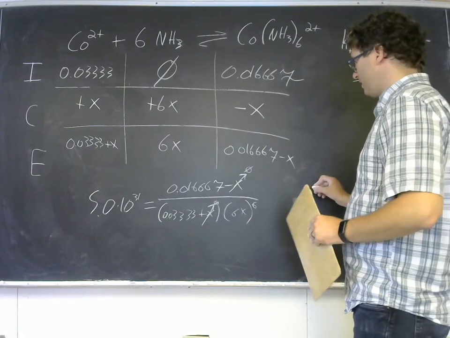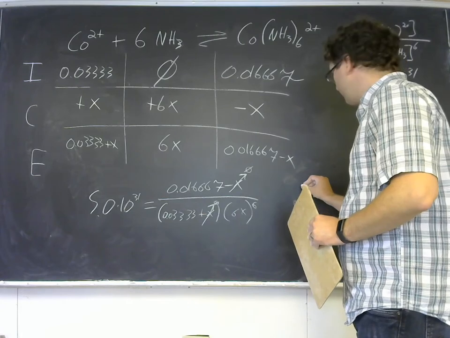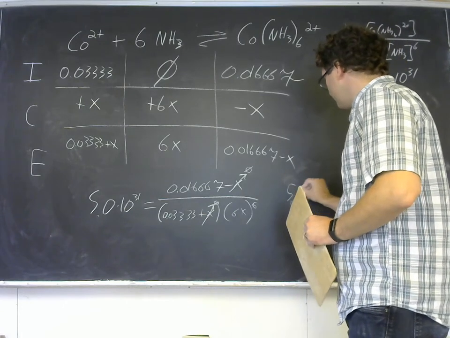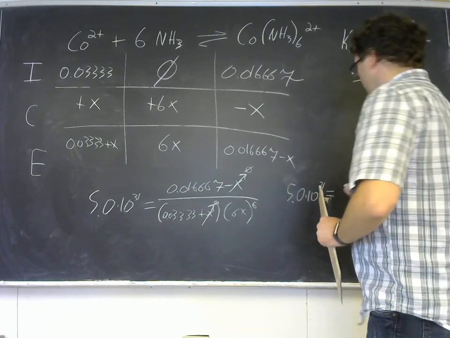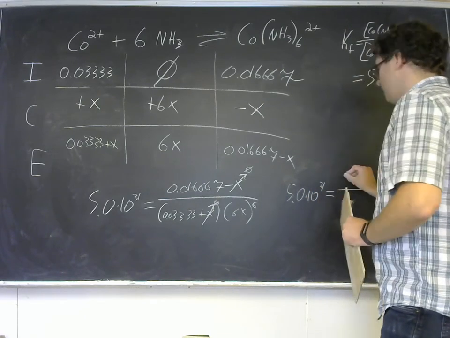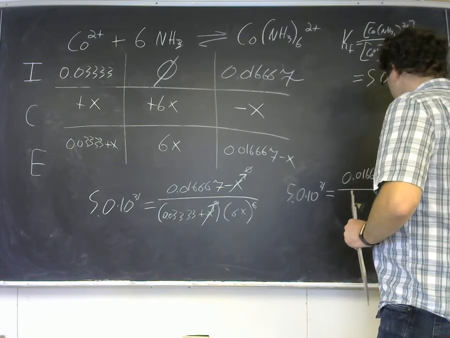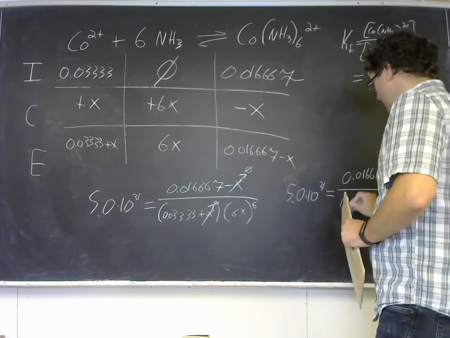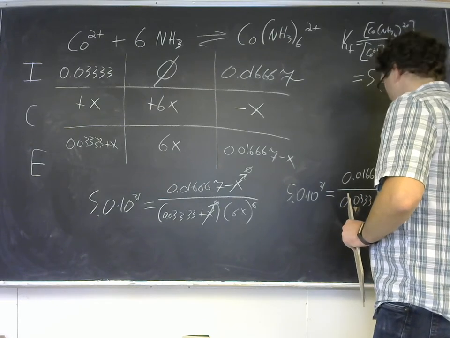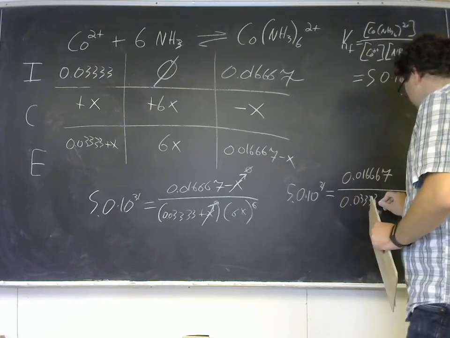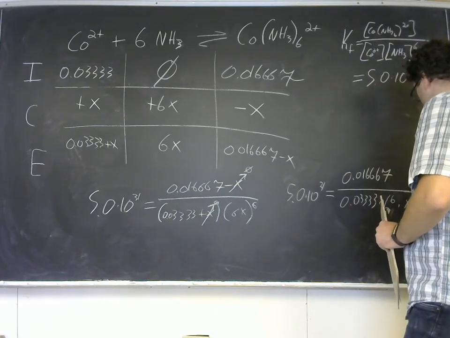We can rearrange this. We'll say that 5.0 times 10 to the 31st is equal to 0.016667 over 0.03333 times 6 to the 6th times x to the 6th.